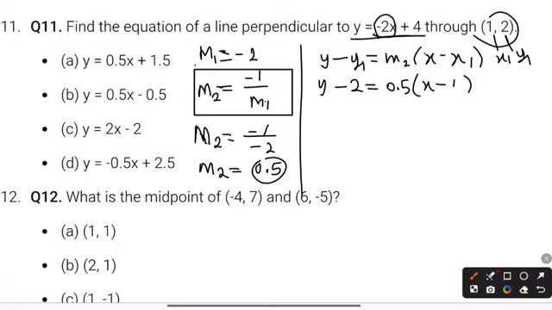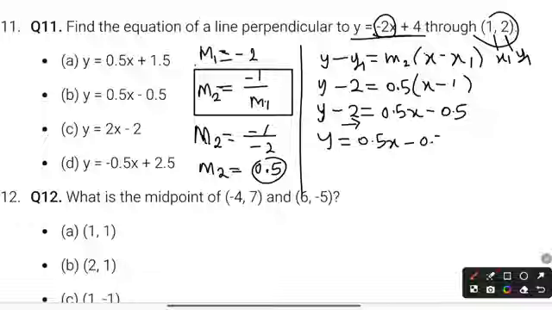So we're going to have y minus 2 equals 0.5 into bracket x minus 1. Opening the bracket, you have 0.5x minus 0.5. Transposing to the right-hand side, we have 0.5x minus 0.5 plus 2, so y equals 0.5x plus 1.5.